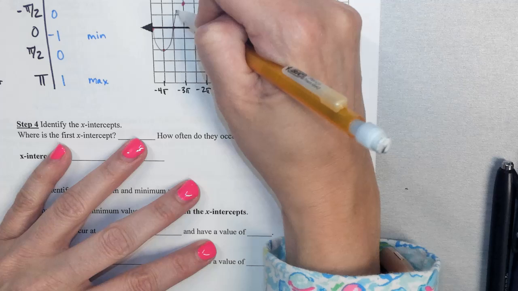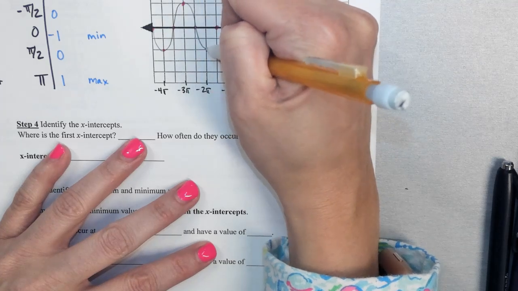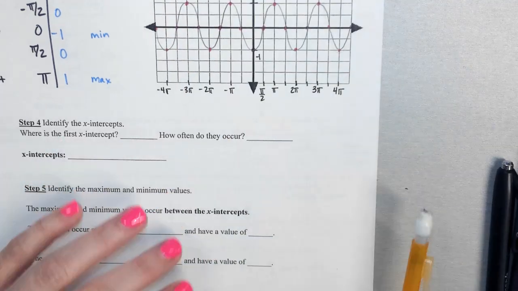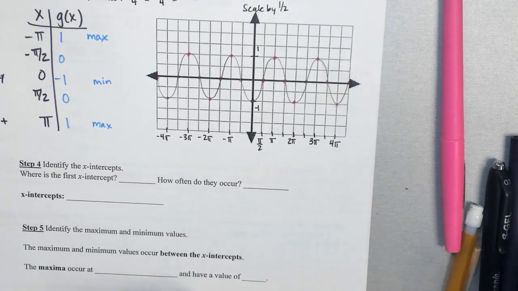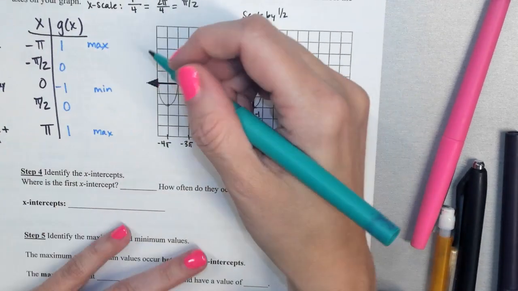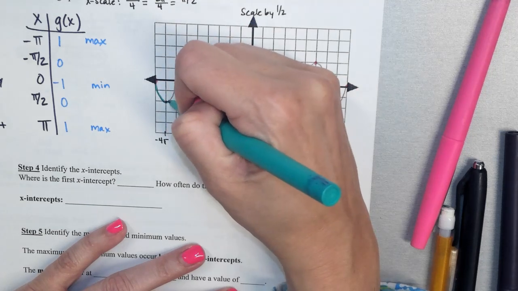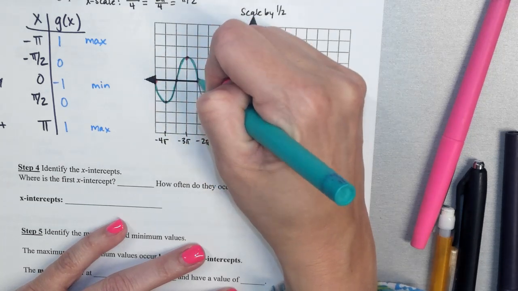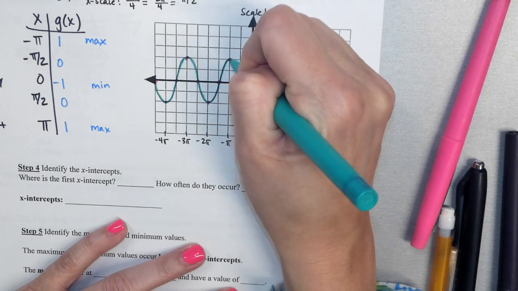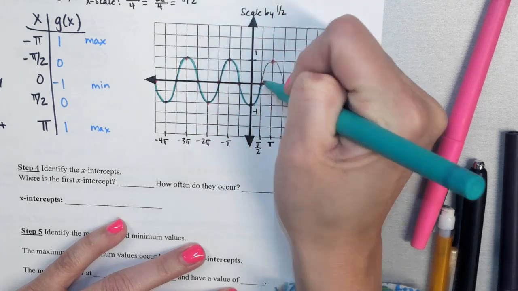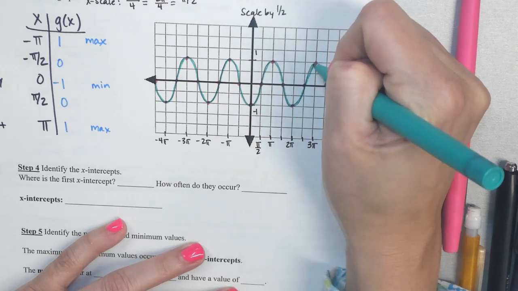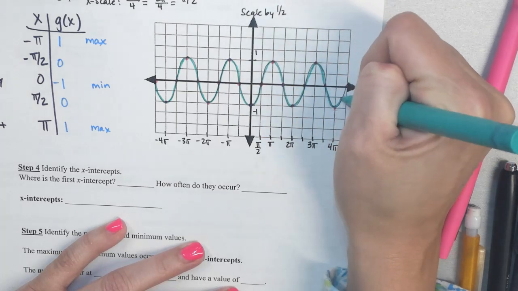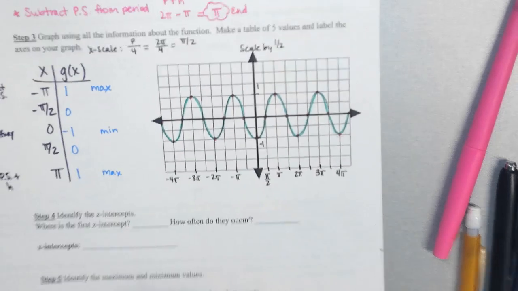Curve it here, curve it there, curve it here, curve it there. How are you guys looking? Feeling good about those? Yeah. And then if you want to go over it, that is fine. You do not have to. I do this for you.